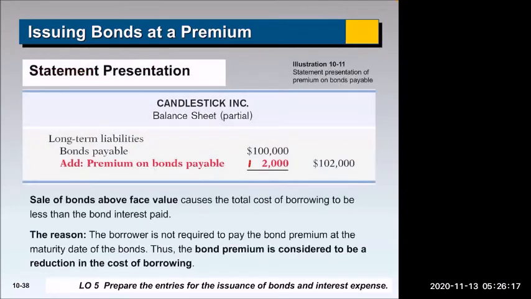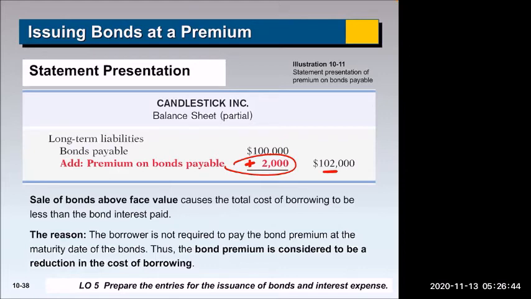Okay, so we said that this was an adjunct account, so it's added to, so this carrying value is up.